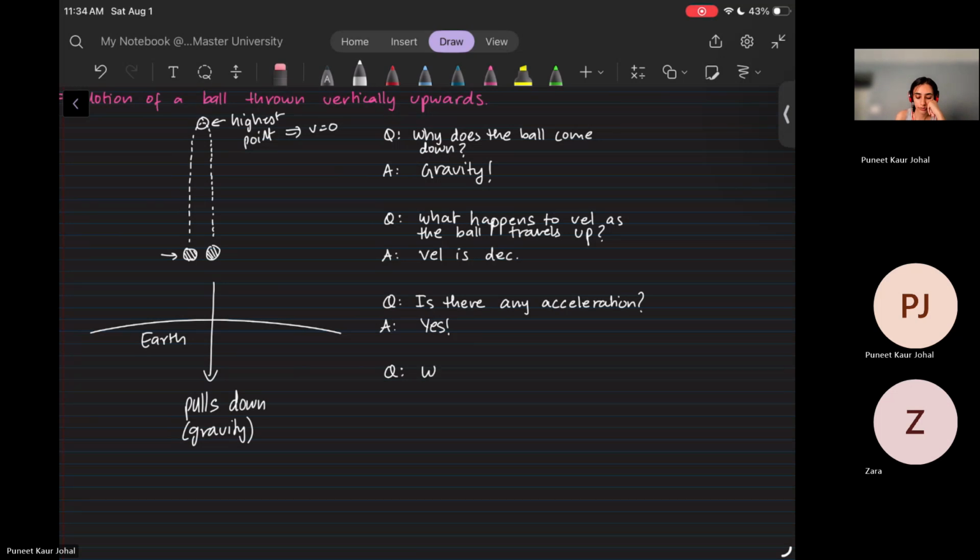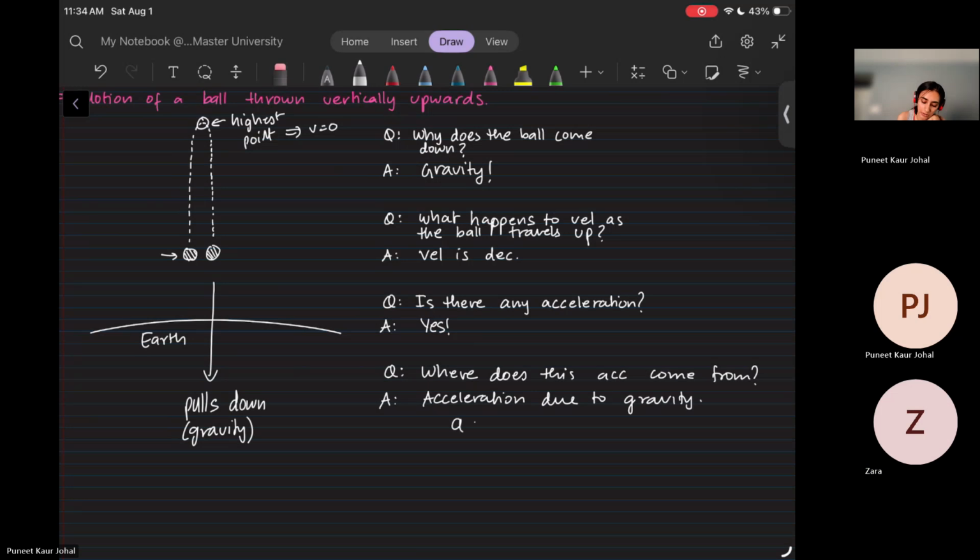So where does this acceleration come from? It's called acceleration due to gravity. So gravity, when it pulls objects towards itself, provides that acceleration.